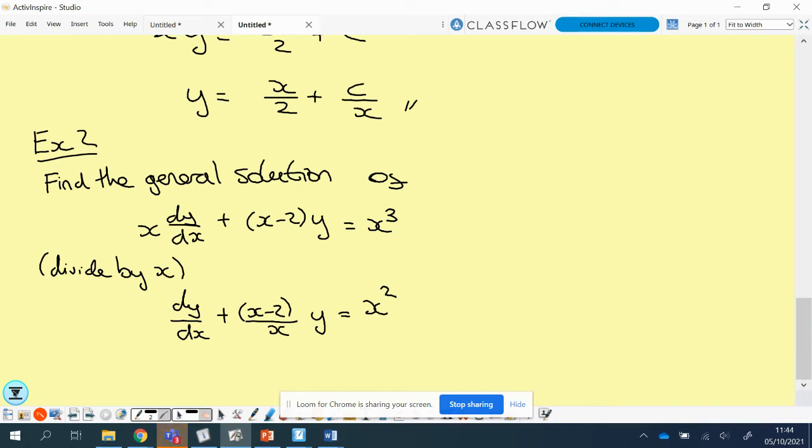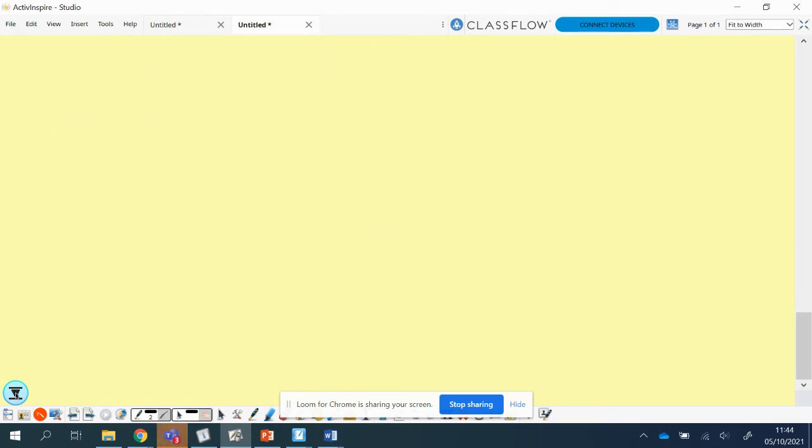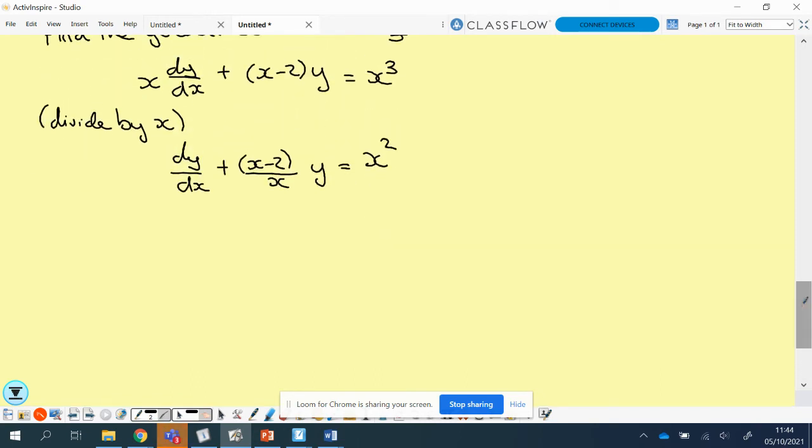I can now find what p of x and q of x are. Again, p of x is the function attached to my y function. Q of x is the function on the right hand side, so that's x squared. And I can now work out my integrating factor mu of x.